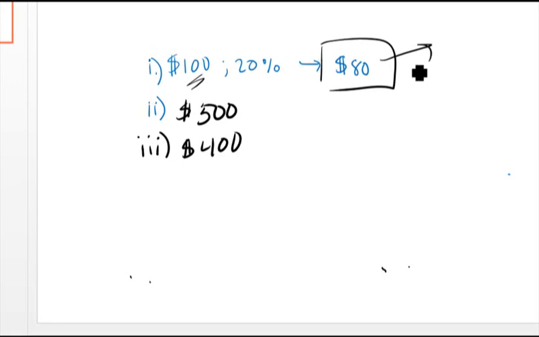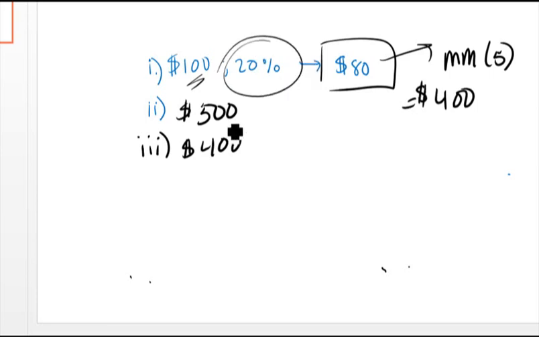If you take that $80 and multiply it by the money multiplier, which was 5, 80 times 5 equals $400. That's another way to get to that answer. Then, where does that $100 come from? Remember, 20% of that $100 had to be left behind. So $20 times the money multiplier equals $100.